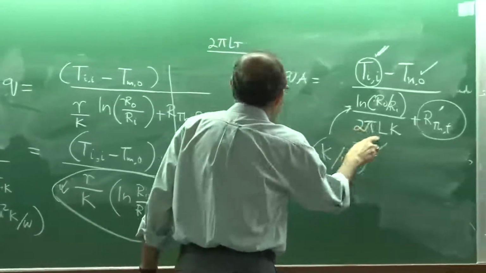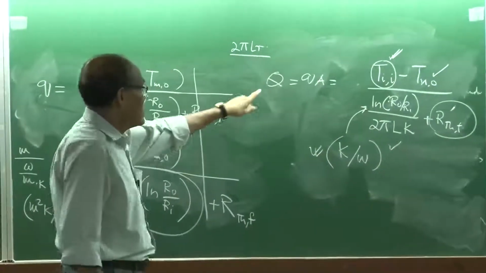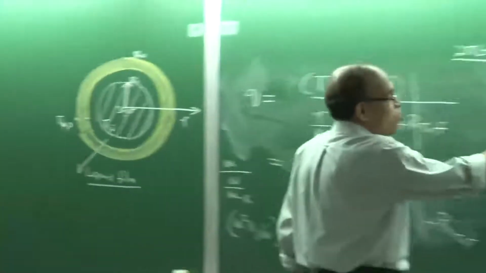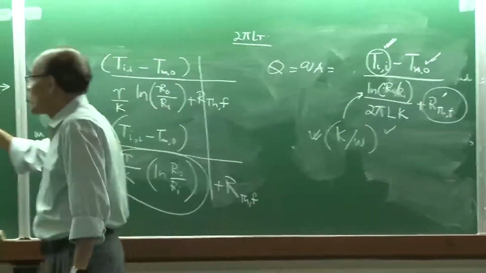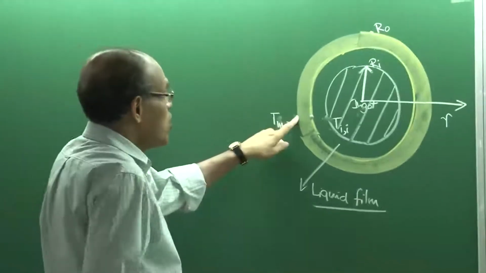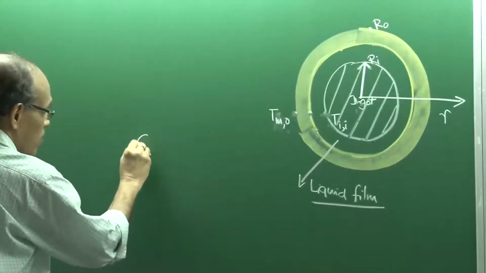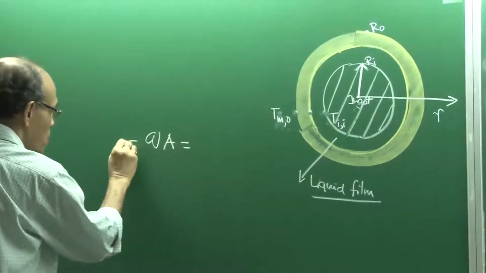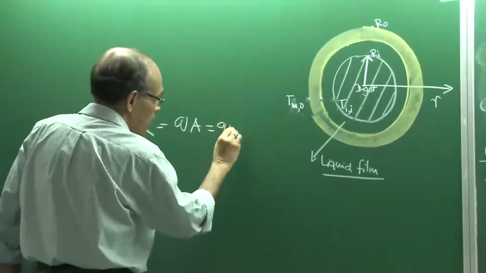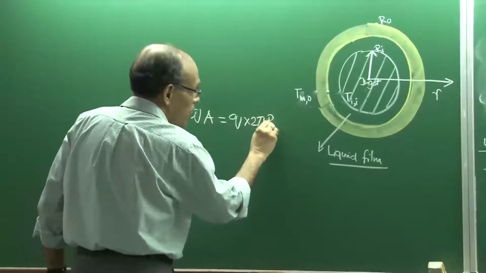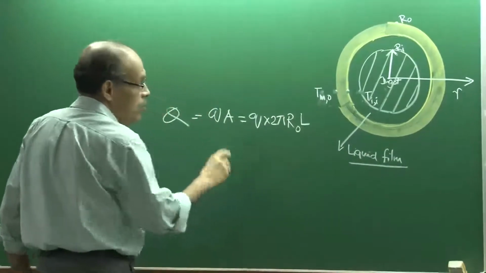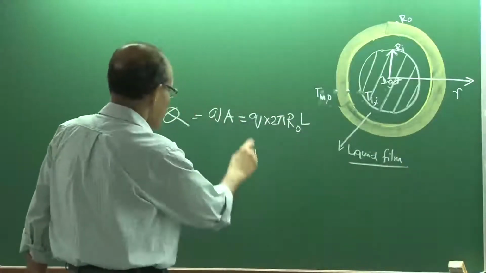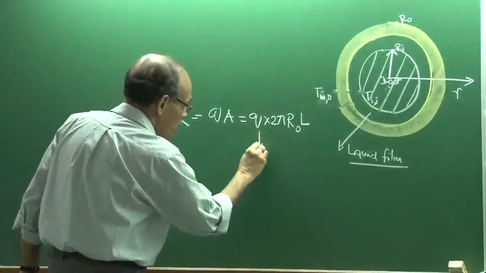This can be calculated, and now if you want to find Q, what you can find out is that if the outer temperature is known, because the temperature is going to be very high, the radiation flux will prevail. So we can say that Q multiplied by area, which is Q multiplied by 2 pi R outer into L, and then we can write down this expression.